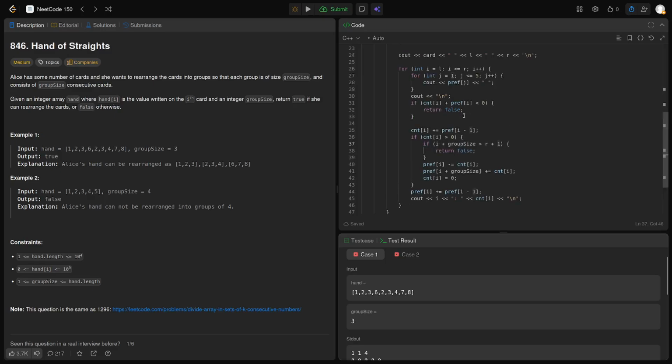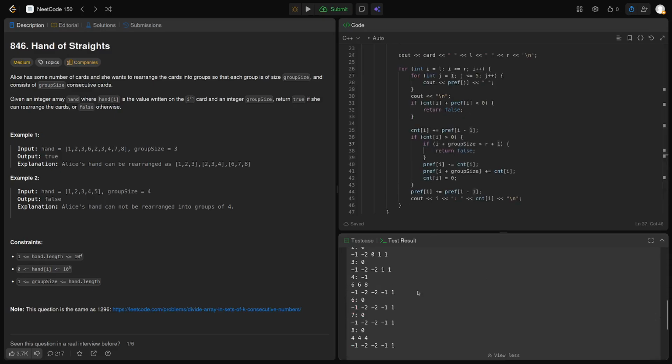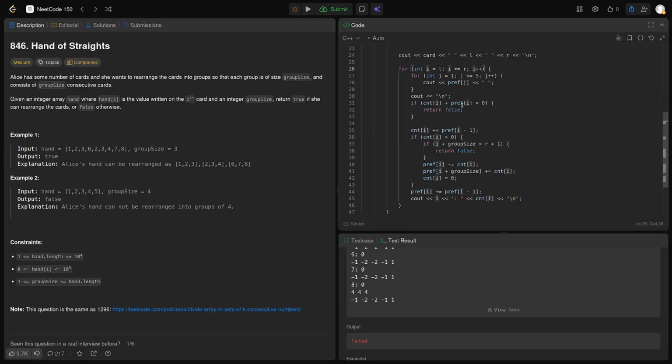Where do we stop? So after prefix, what's up with that? So output prefix, first 5 prefixes, so count 8. I'm doing something wrong.